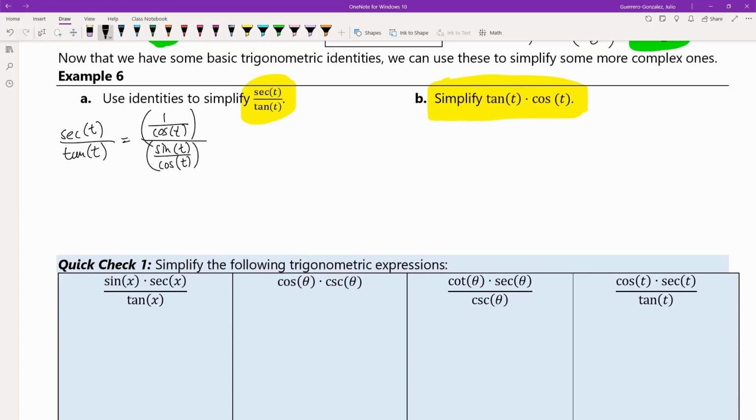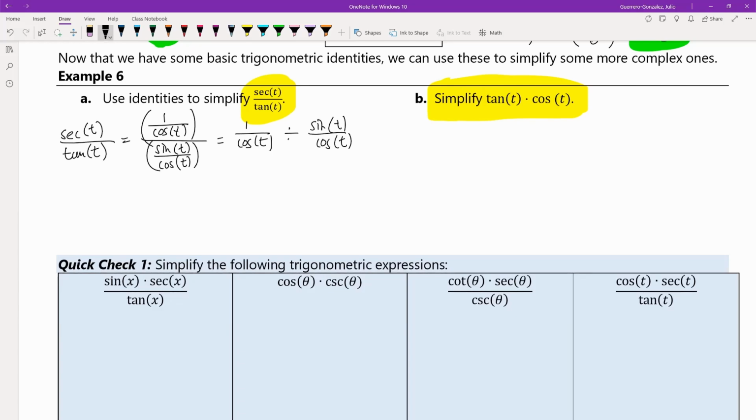Got it? All right. Now we have to play around with some fractions. If you remember how to work out fractions of fractions, we can rewrite 1 over cosine of t as this, divided by sine of t over cosine of t.